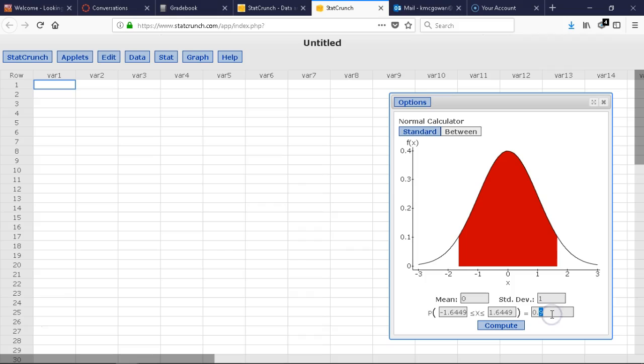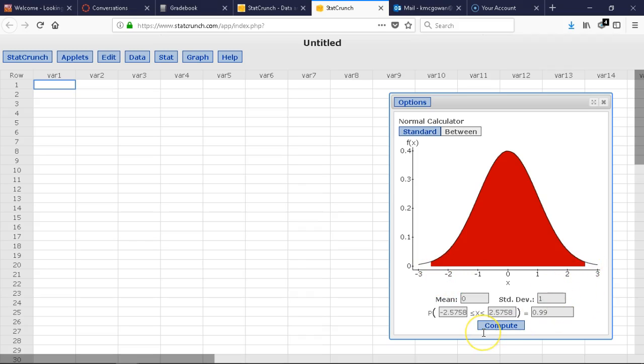If you put in a center area of, for example, 0.99, that gives you the equivalent critical values for an alpha of 0.01. So when you're using between, instead of using half of alpha, you would actually use the complement as the value that you type in, but then these values would represent these boundaries here, these critical values.